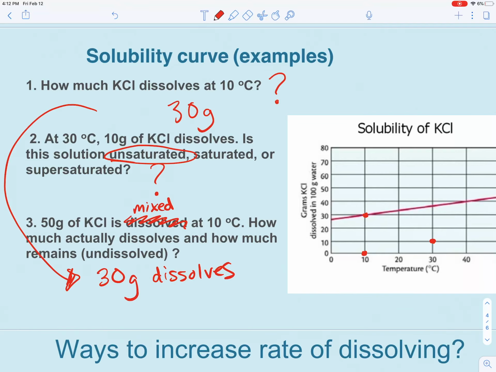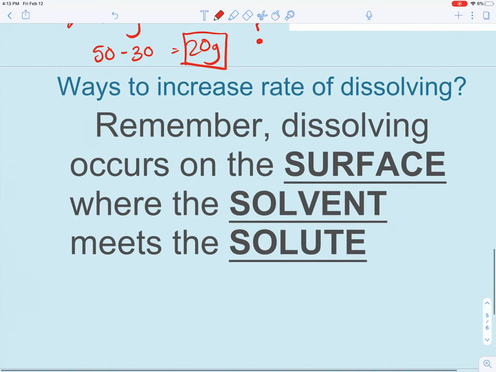So how much do you think would be left over if we had 50 grams? We know 30 grams dissolves. You'd have 20 grams left over, right? Because only 30 grams, that's the maximum amount that can dissolve.